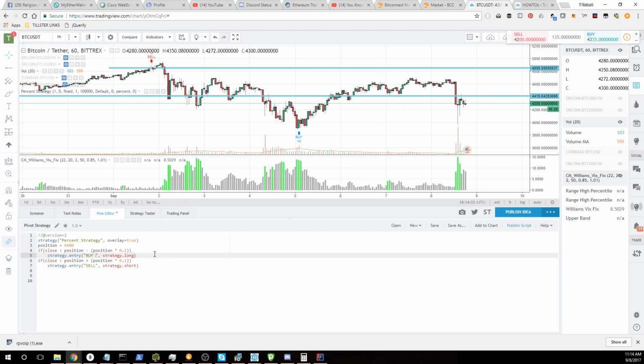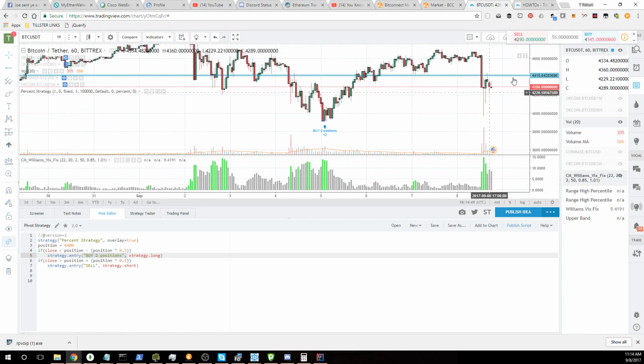Buy, 2 positions. And because I updated what I'm telling you to buy, the label updated here of what we're being told to buy.